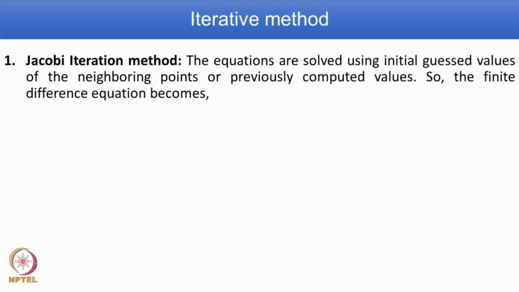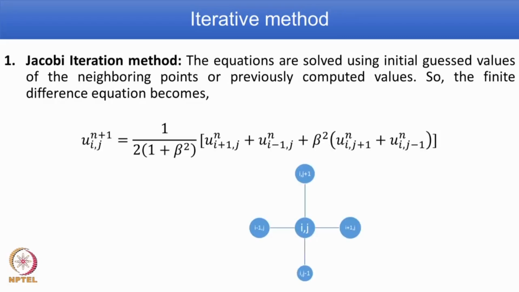First one is the Jacobi iteration method. In this, the equations are solved using initial guessed values of the neighboring points or from previously computed values. So, the final difference equation becomes as shown here. The node of interest, that is u i comma j, has the current iteration value with superscript n plus 1.